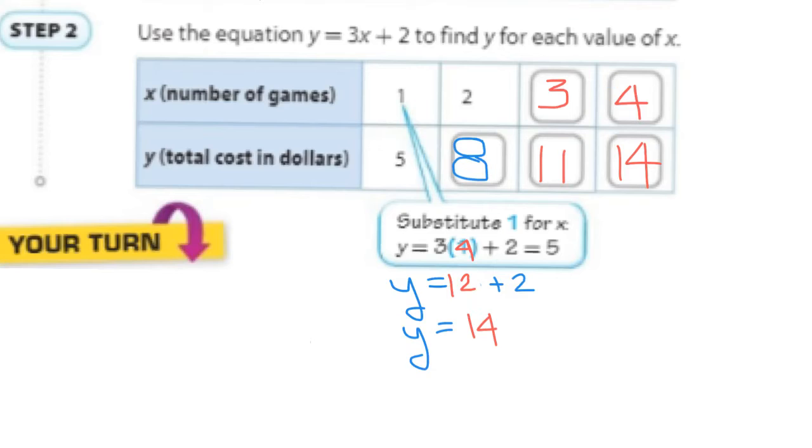And 4 games, I'll pay $14. So this equation helps them calculate what to charge each person depending upon the number of games they play.